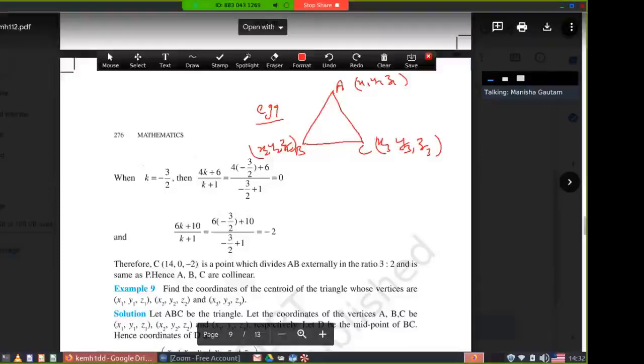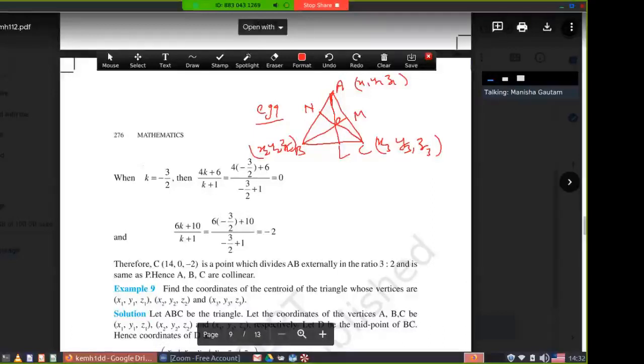If we are talking about the centroid, it means where the medians intersect. Suppose AL is the first median, BM is the second median, CN is the third median. The medians meet each other at point O, and O is the centroid of the triangle.